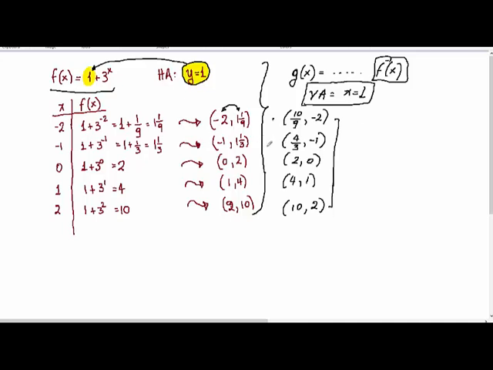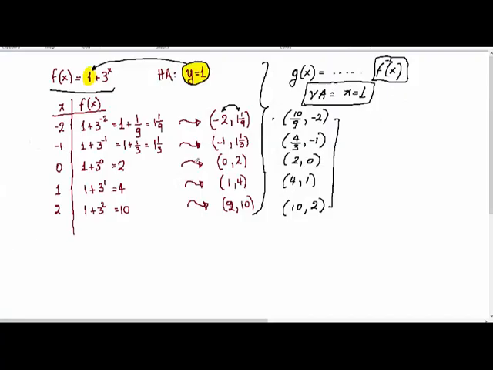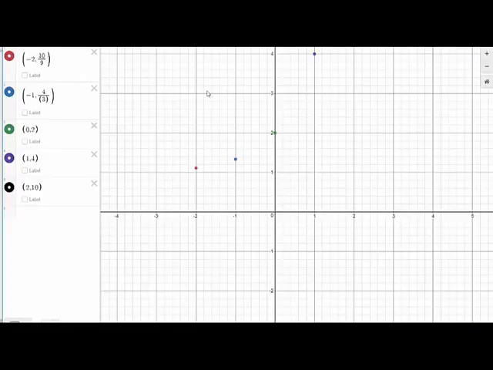So let's do both in Desmos first. I have the initial points that we showed together right here, the points that correspond to f of x. And what I get are the following points, the -2, 10/9, and so on. It is clear that if I connect those points, I'm going to get an exponential function.